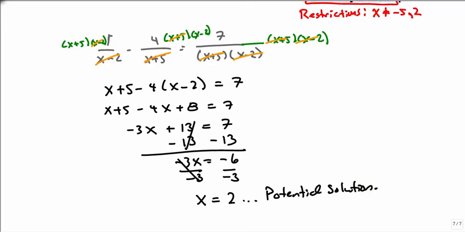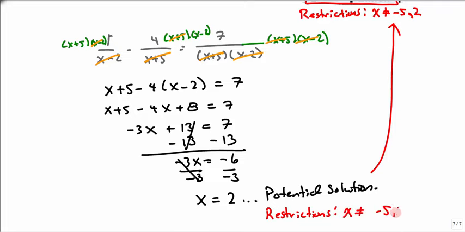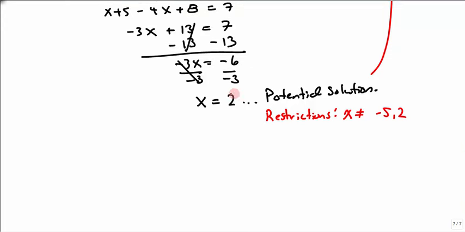Now remember, my restrictions from up here were x cannot equal negative 5 or 2. Well, this value of 2 violates the restriction.